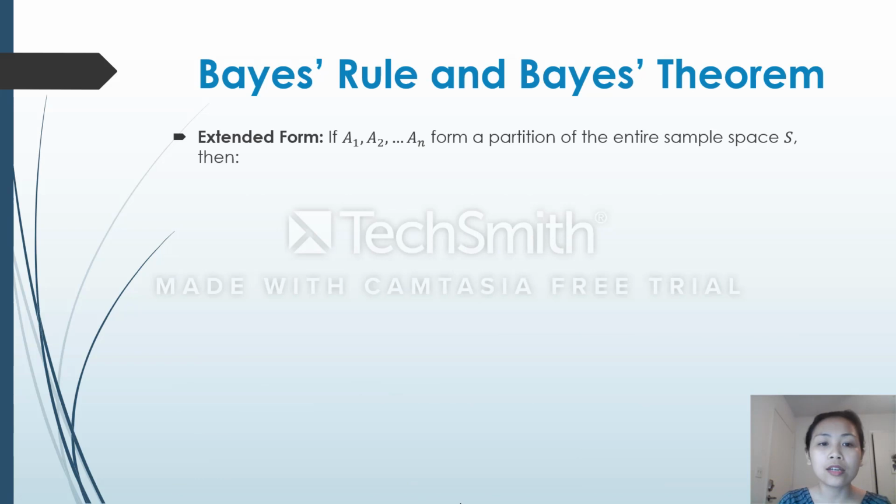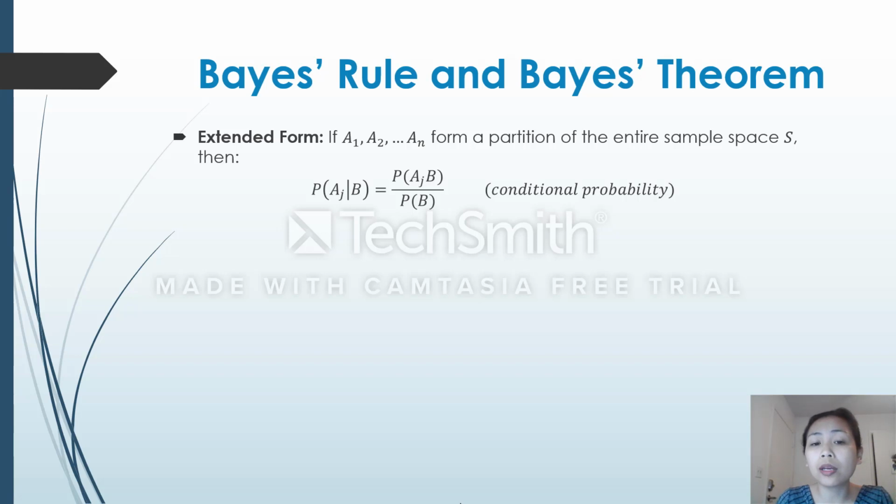So it's standard form. If A1, A2, up to AN form a partition of the entire sample space S, then the probability of an event Ai given B, for i from 1 to N, is the probability of Ai and B over the probability of B. This is by conditional probability.